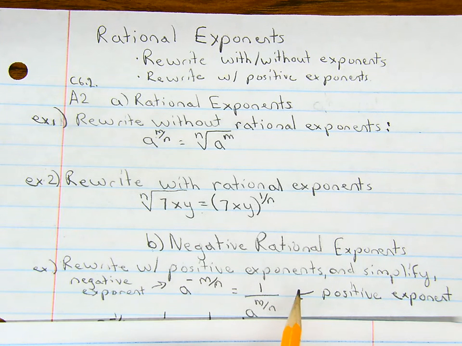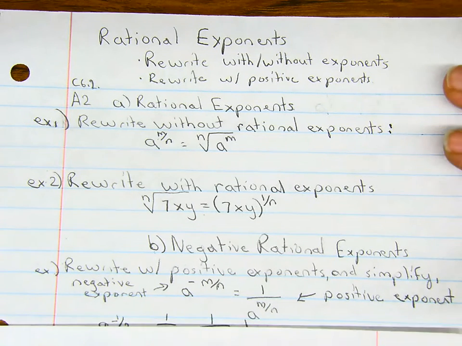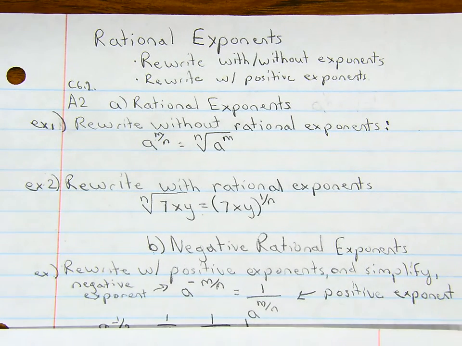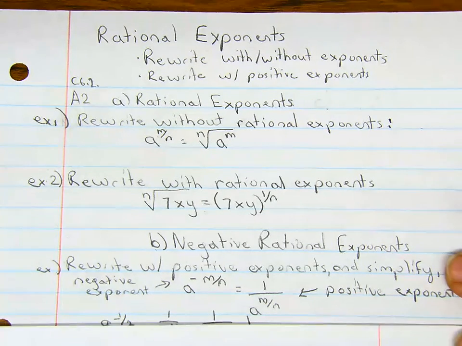Thus, if you notice, it now has a positive exponent in the denominator. So if it's a negative exponent when a is in the numerator, then it becomes a positive exponent when a is in the denominator.